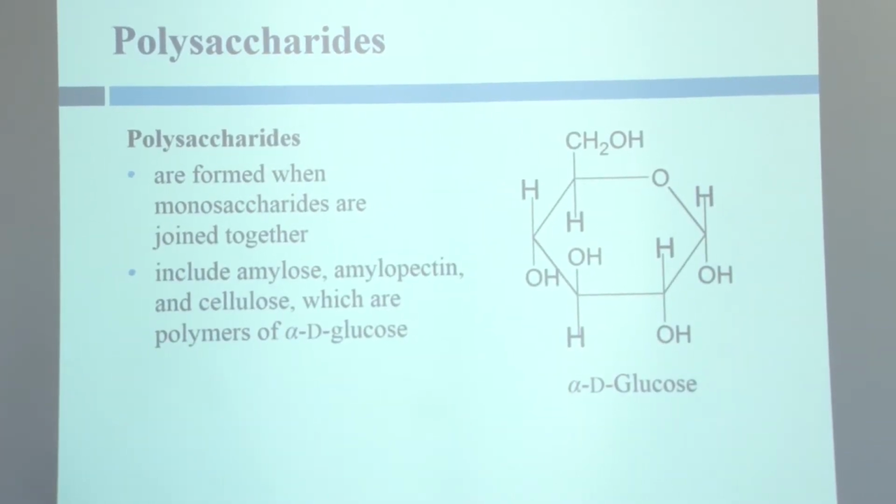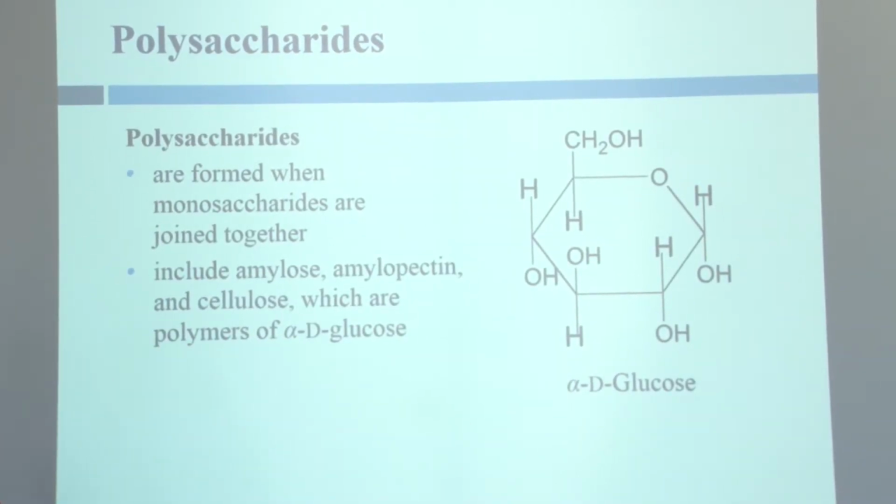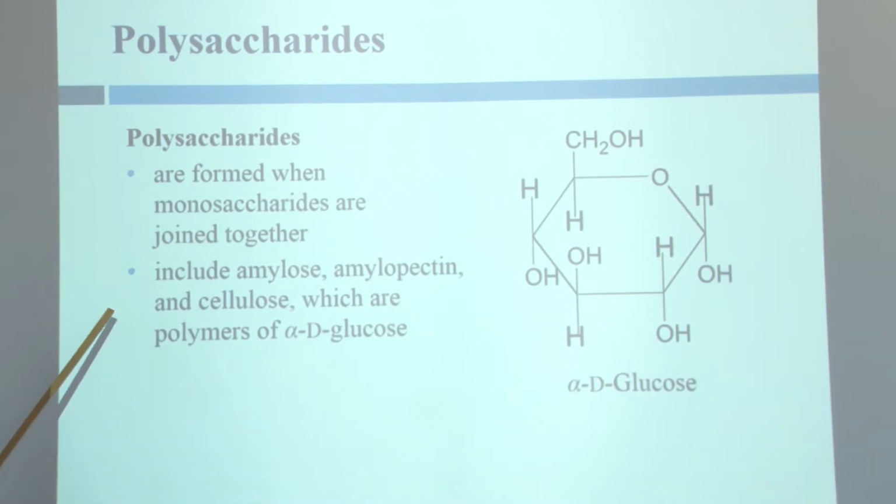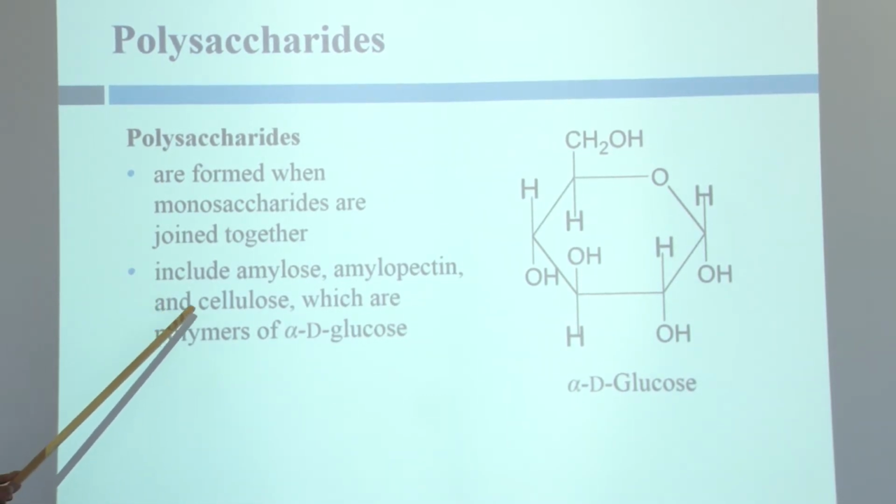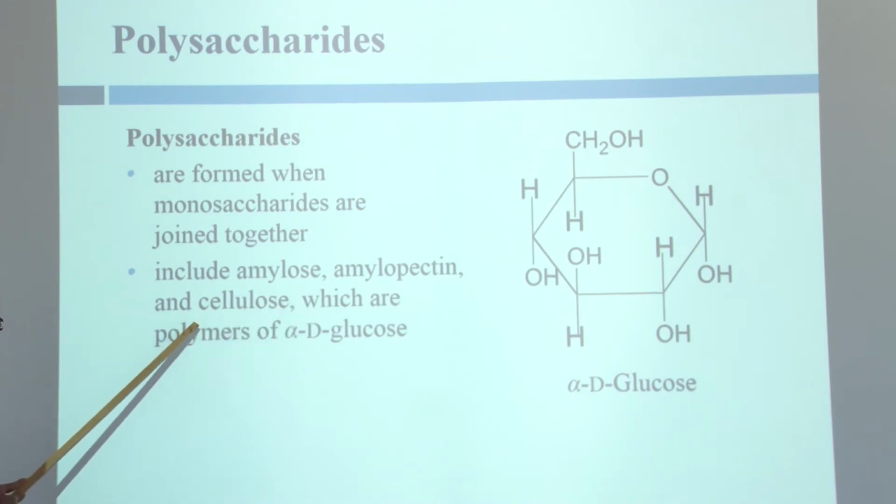So a polysaccharide is formed when monosaccharide units are joined together. Important examples that we'll be looking at here are amylose, amylopectin, cellulose, and these are polymers. Polymers again are large molecules made up of small units called monomers.